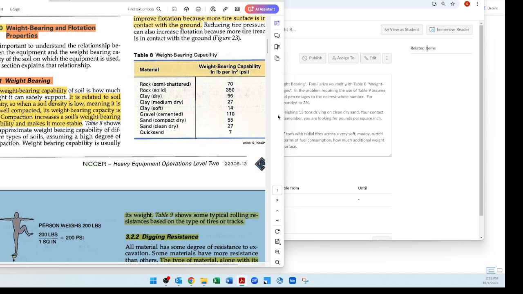That's taking the total square inches of tire surface area, which is all the tires, and the weight of the machine divided by total area, which is 1,040 square inches. Maybe safe, but I would go with a little bit bigger tire, or I would certainly recommend it. So that takes care of that problem.